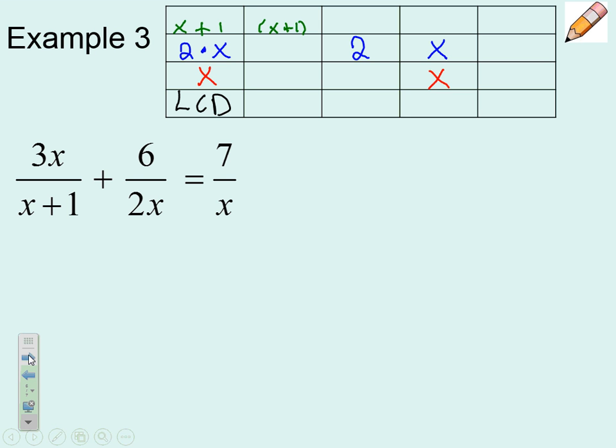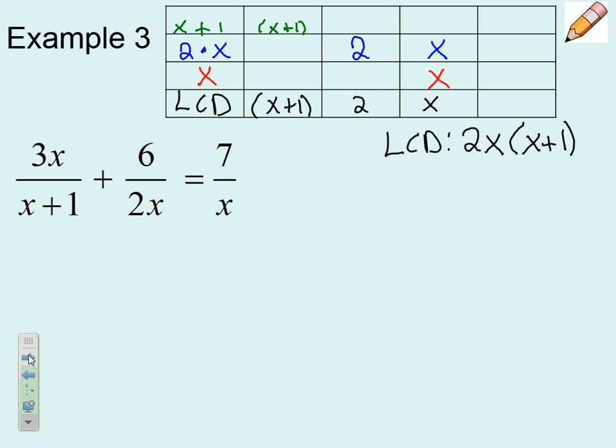Find my least common denominator, bring everything down. So I have x plus 1, a 2, and an x. When I write my least common denominator, I like to start with my numbers and my variables that are singular. So I'm going to have 2x be first times the quantity x plus 1. Now I have to go back through and see what I'm missing.